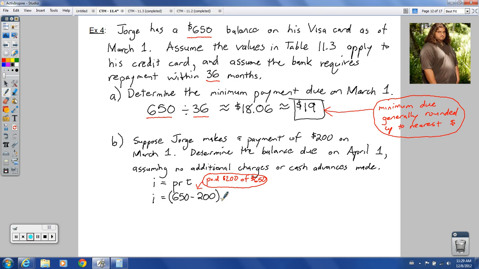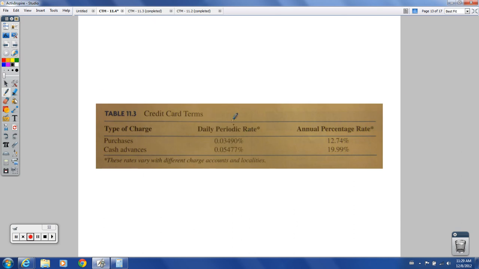We're multiplying that by the rate, and the rate here, we don't know the daily rate yet. So we're assuming the values in table 11.3 apply. We haven't seen that table yet. Here it is. So we're going to say that these are the rates for whatever credit cards we're using unless otherwise told.